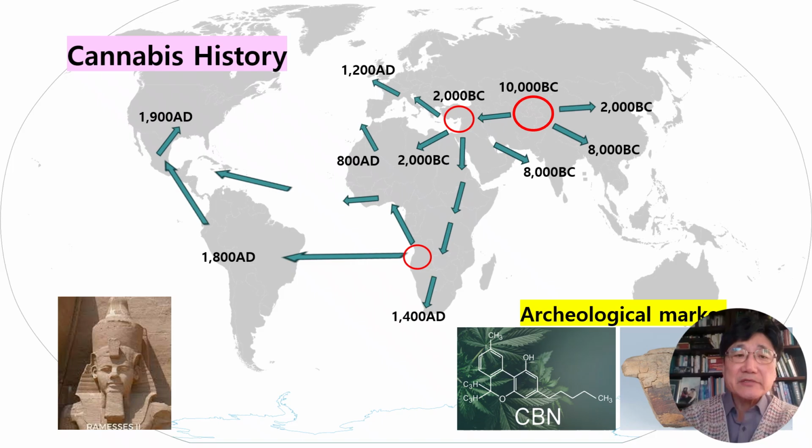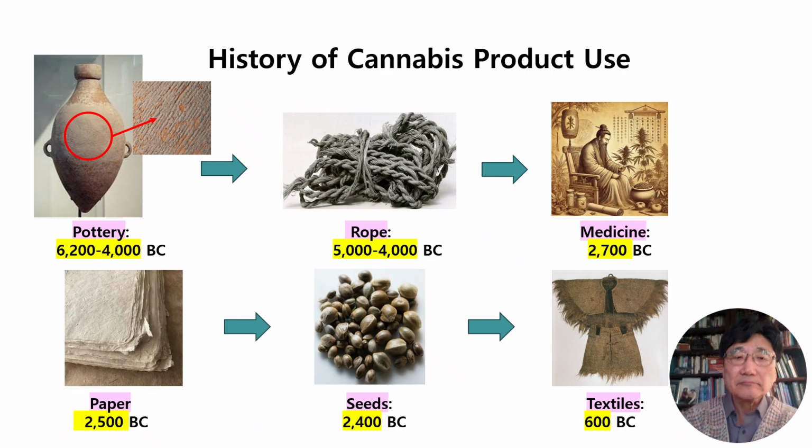Many cannabis remains from around the world are analyzed to determine the years of cannabis use by archaeological markers such as CBN. This slide shows the history of cannabis product use chronologically.